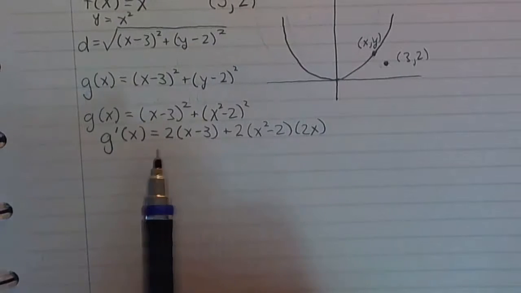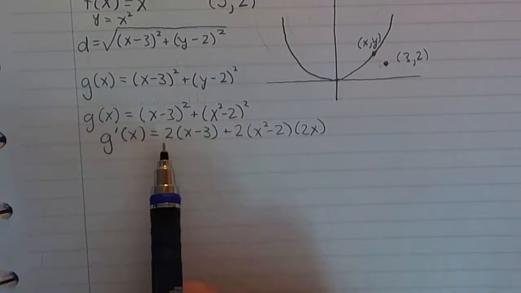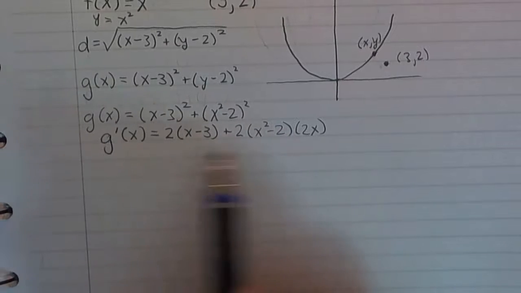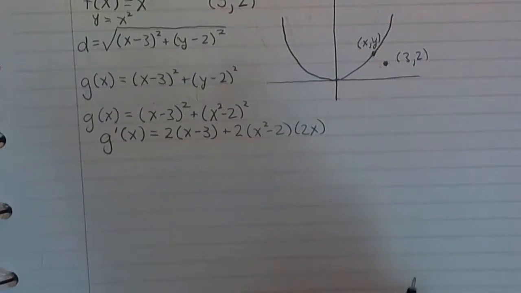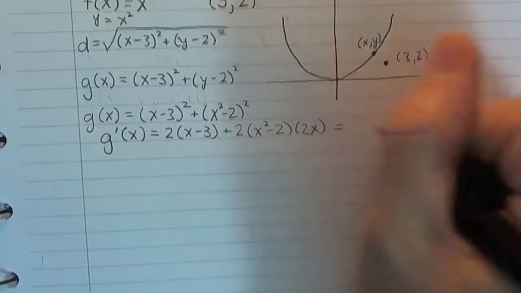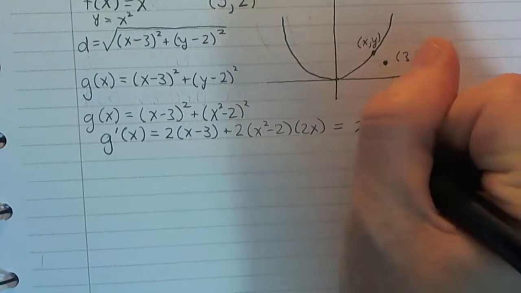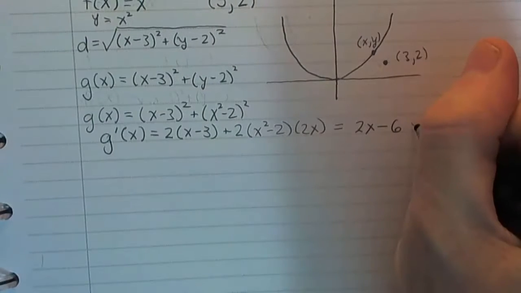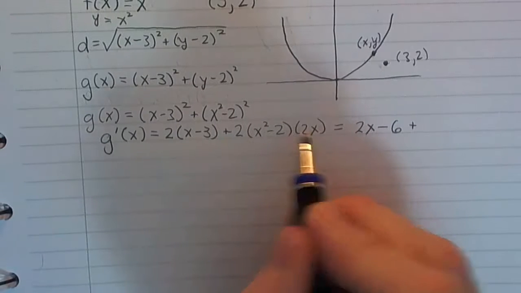Okay, now I've differentiated this. Now I need to see if I can add like terms and simplify a little bit. So I clear my parentheses. This is going to be 2x minus 6 from right here. And let's see what else we got here. This is 2x times 2.